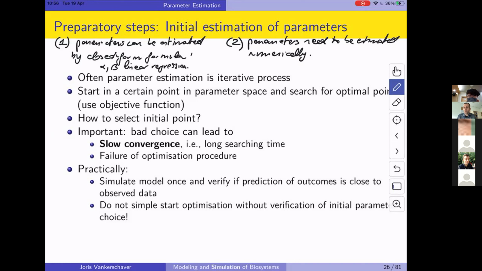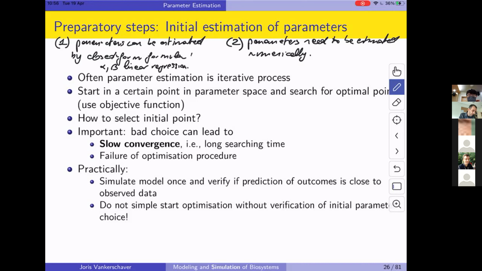And when you have to do that, typically this will be an iterative process. Iterative means that we start with a guess of what the parameters could be, and then we try to change the parameters a little bit to see if we get a better value of the objective function, so a value of the parameters that decreases the objective function.